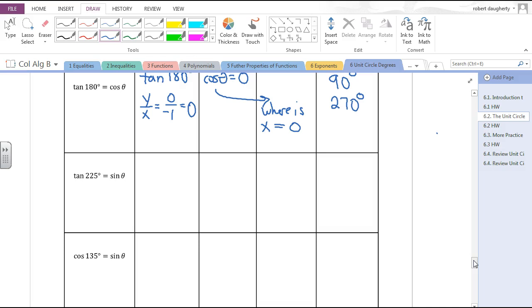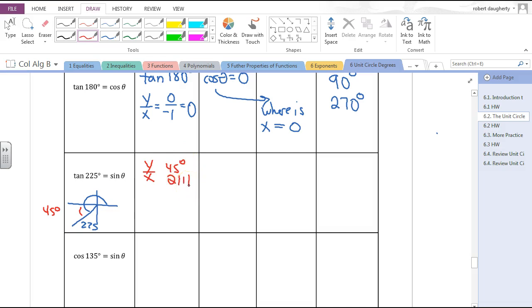Yeah, so the tangent of 225, so 225 is right here. What is the central angle there? That's a 45-degree angle. Okay, so this boils down to, what's the definition of tangent? Y over x. So I need to figure out what is y over x at 45 degrees in which quadrant?